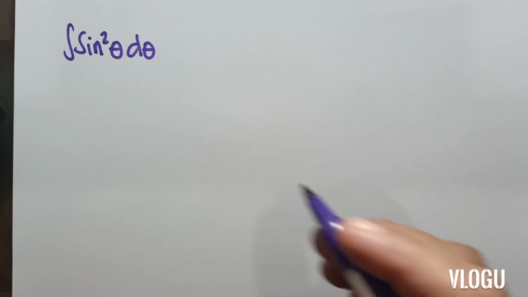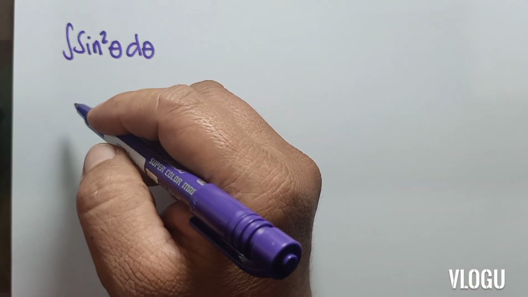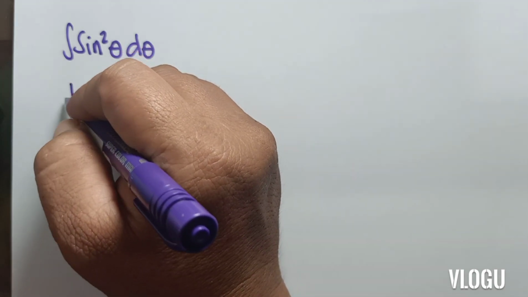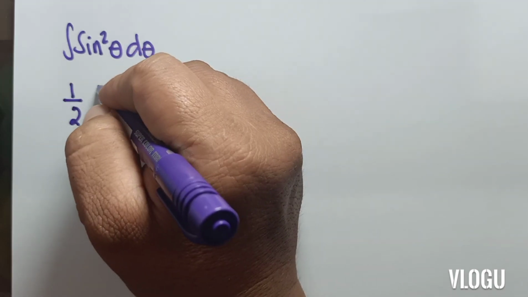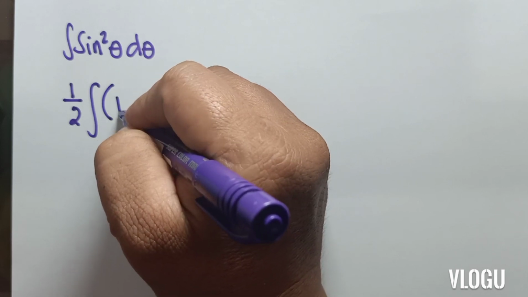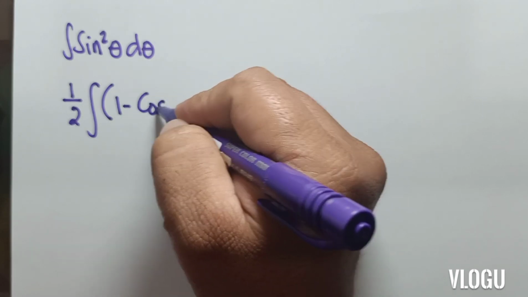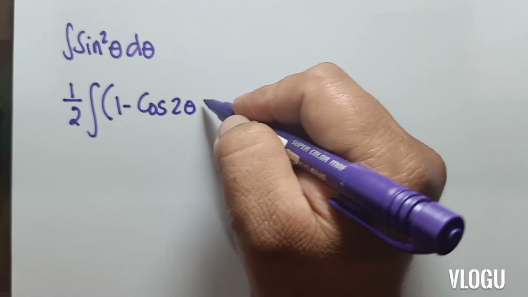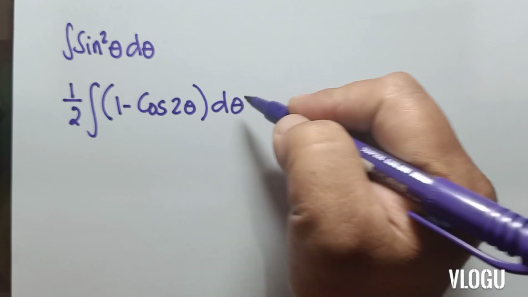Okay. So for the integral of sine squared theta d theta, we use the powers of sines and cosines. The power is even, so we will have 1/2 the integral of 1 minus cosine 2 theta d theta.